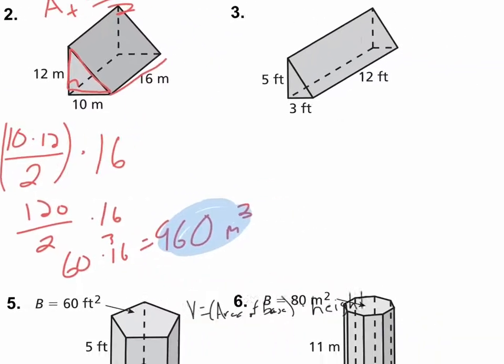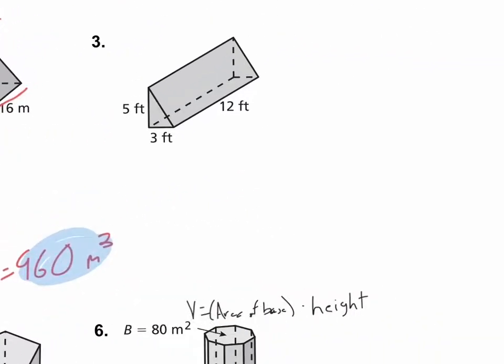Alright, go ahead and pause the video and try to do number 3 on your own. Okay, you should have realized right away that your base is going to be this triangle right here, or the back triangle, which would have the same measurements. To find the area of the triangle, the area of the base would be 5 times 3 divided by 2.